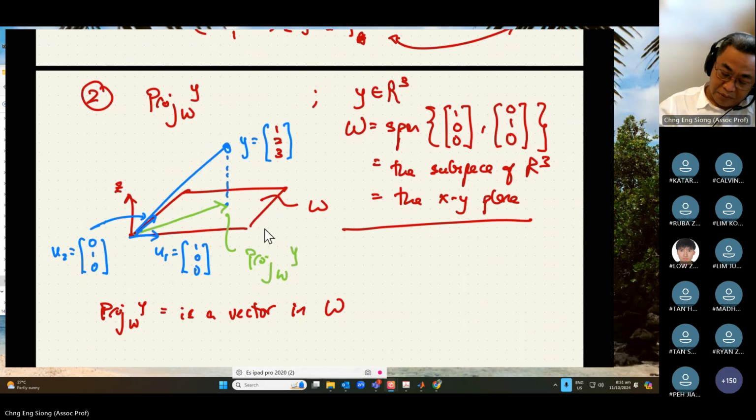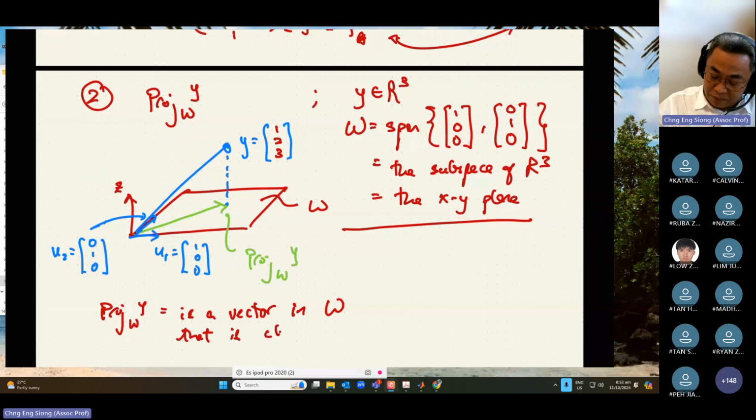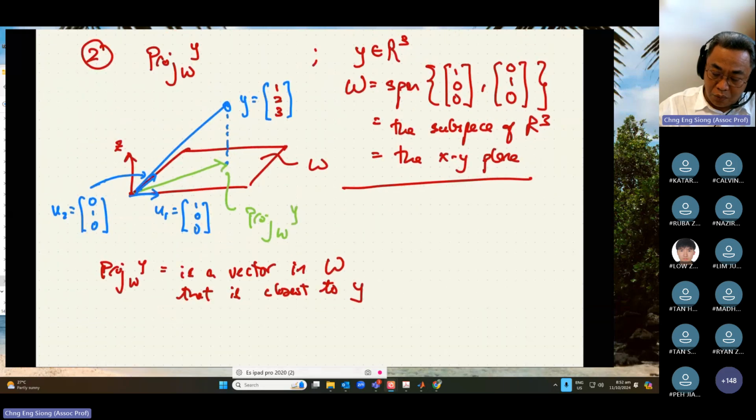Okay? And it's a vector in W. I'm going to do projection. So the best approximate, yes, very good, is that is closest to Y. So what does closest to Y mean, guys? Is the best approximate. So what does best approximate mean, guys?